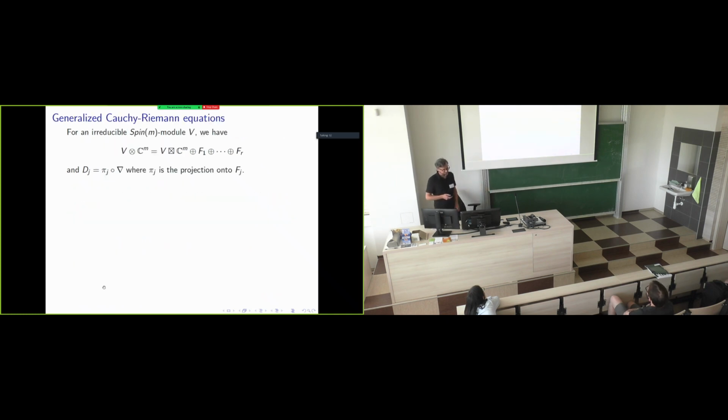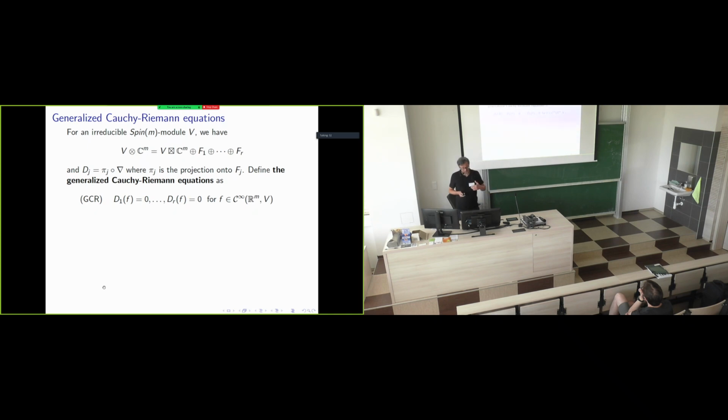Let us now introduce the generalized Cauchy-Riemann equations. For an irreducible spin module V, we have a decomposition of this tensor product, where the first piece is the Cartan product, and to each piece Fj we have the corresponding Stein-Weiss gradient dj.